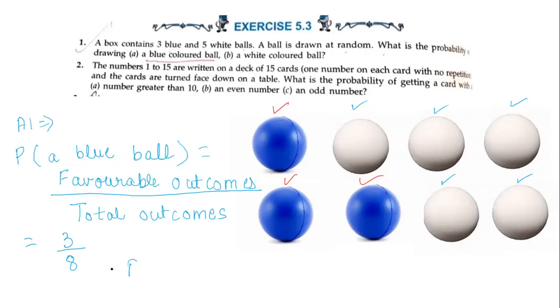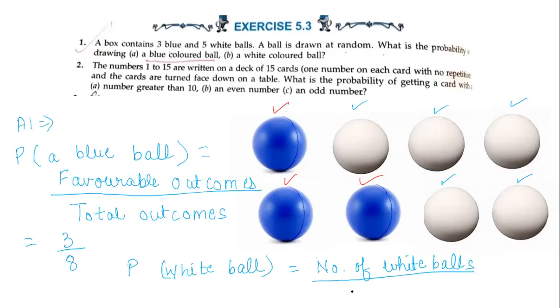Similarly, the probability of a white ball is equal to the number of white balls by the total number of balls. The number of white balls is 5. The total number of balls is 8.